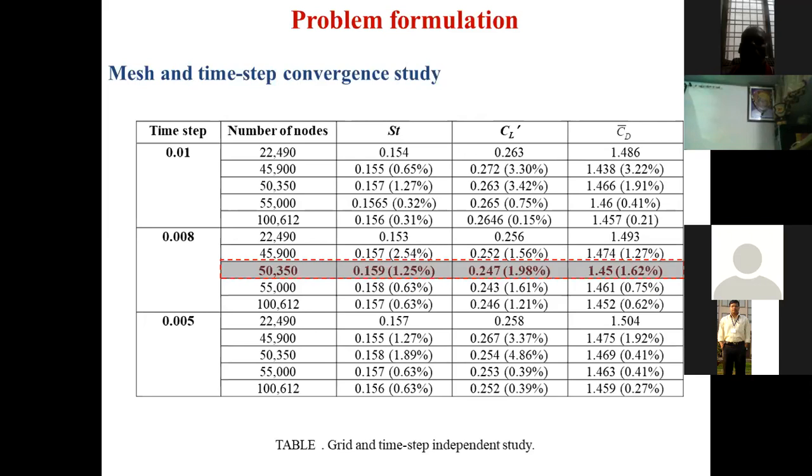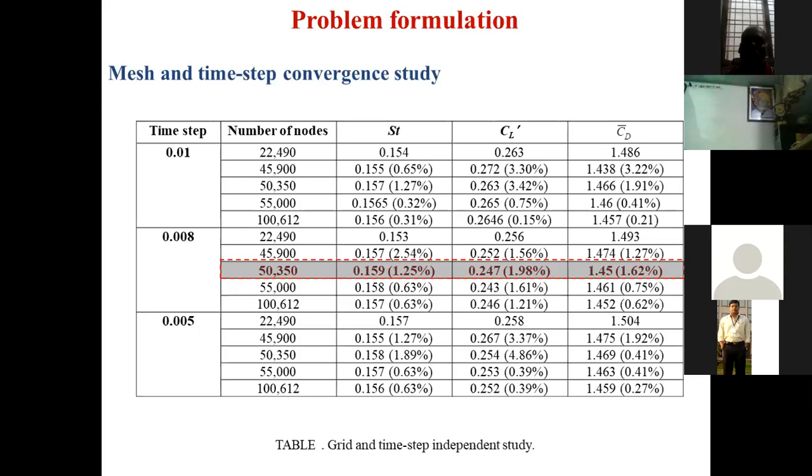So if the node size and time step are very small, then we believe our solution will tend towards the exact solution. Now the question arises: if I make a very large number of nodes and my time step is very small, then we need more computational power and it will take more time to compute the solution.